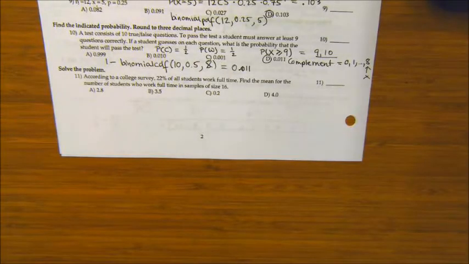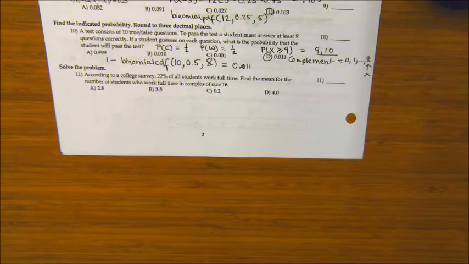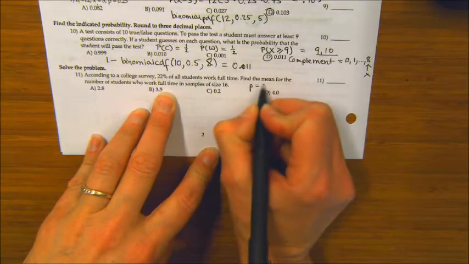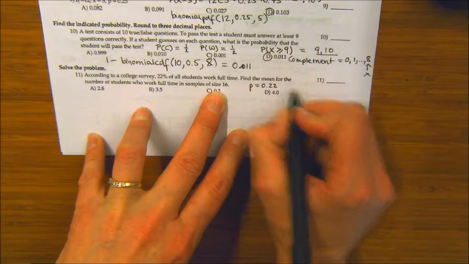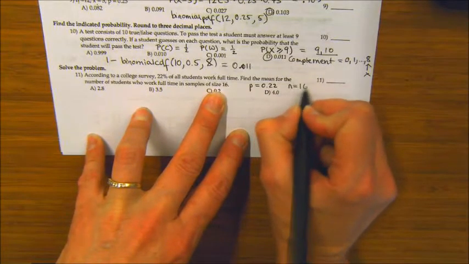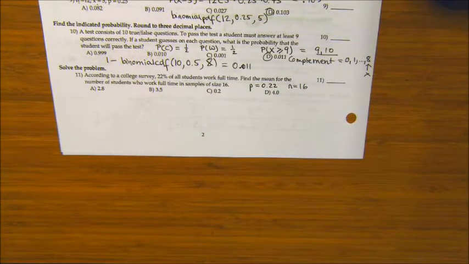Many times, like in question number 11, all it does is give us a percentage. So over here it says, according to a college survey, 22% of all students work full-time. Find the mean for the number of students who work full-time in a sample of 16. So we have P given, which is 0.22. We have our sample size given, which is 16. So ask yourself, is this binomial? Do we have a fixed number of trials?